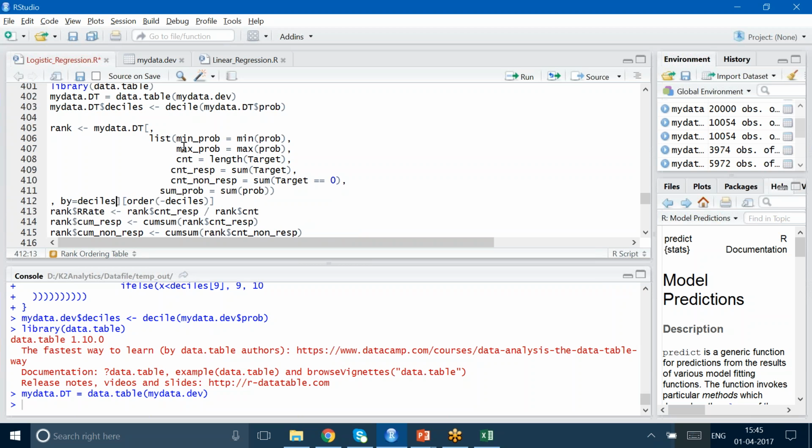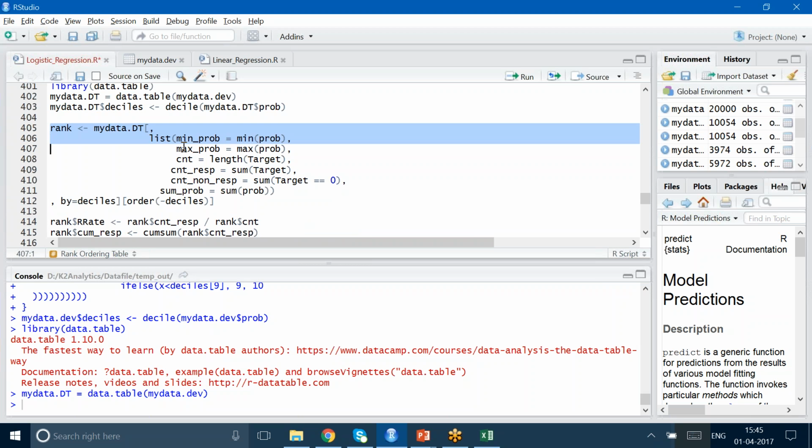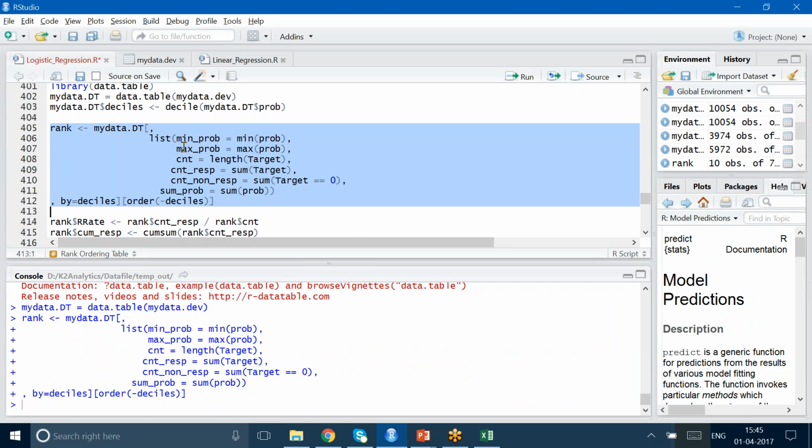This entire aggregation is being done by decile, and the data is finally shown as ordered by decile. So this is the logic of creating the initial records. Let me run that. Okay, it's done.